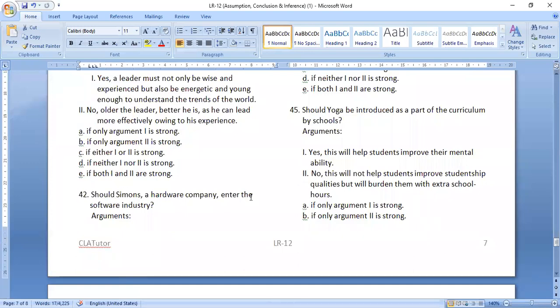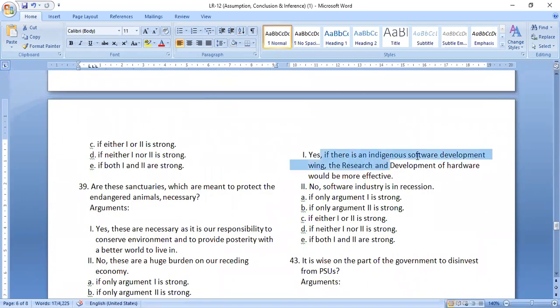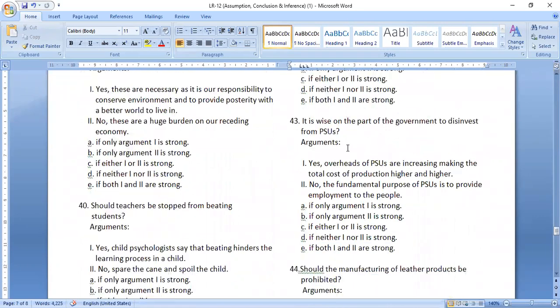Should Siemens, a hardware company, enter the software industry? Yes. If there is an indigenous software development wing, the research and development of hardware would be more effective. No, the software industry is in recession. Only the first one, sir.